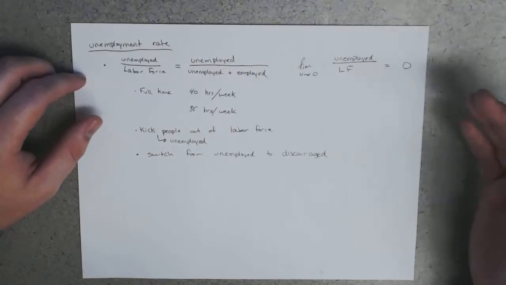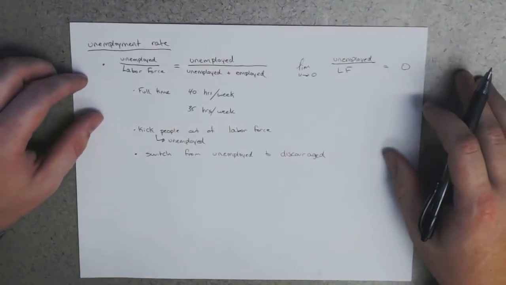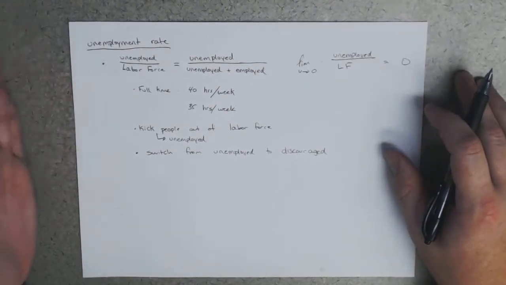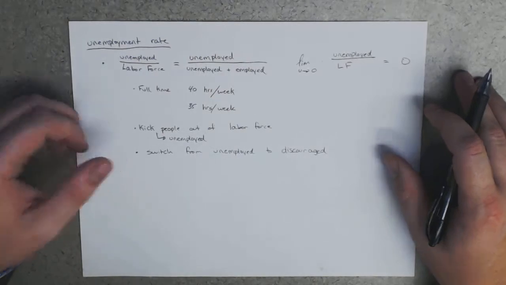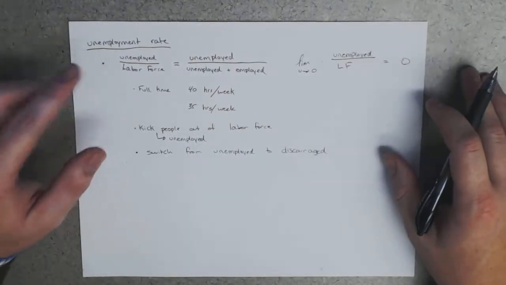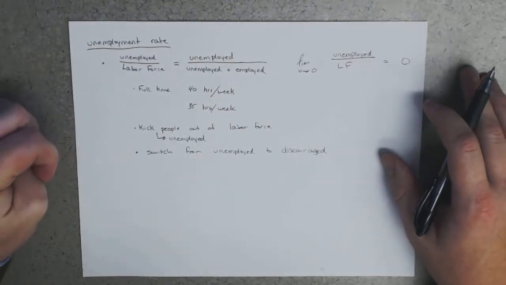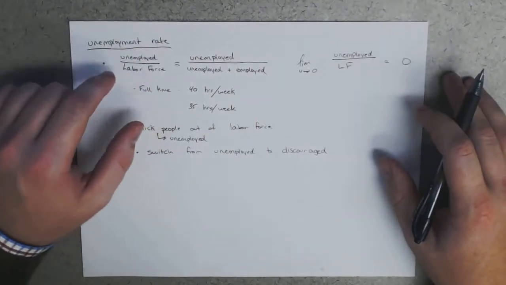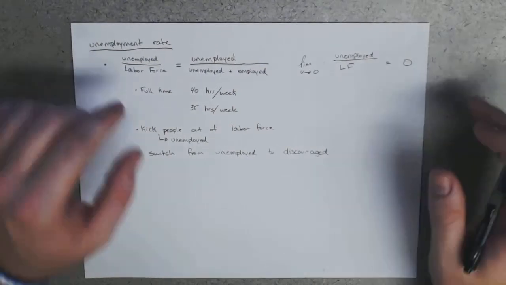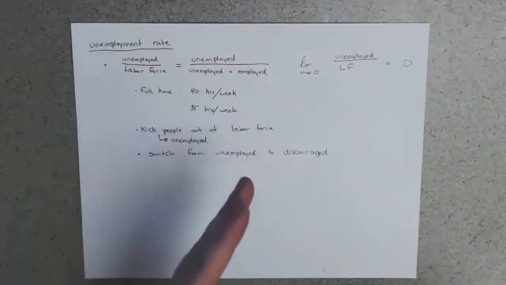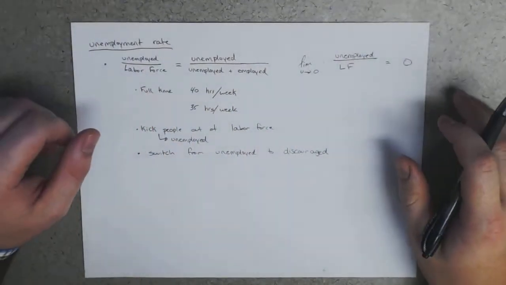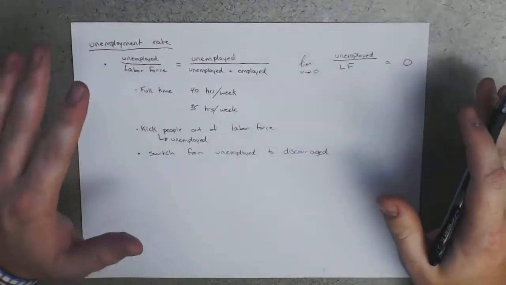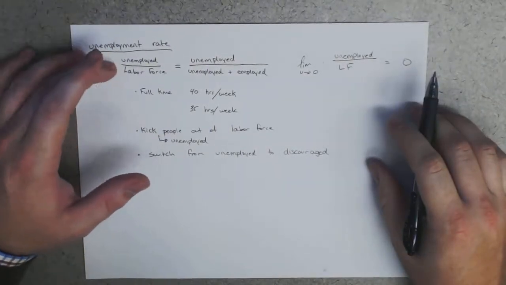A high unemployment rate could be a good thing if people are constantly between better jobs. That could be a great thing. An unemployment rate of 8% could be a terrible thing if no one can find a job. But that number, 8%, will be the same in both cases, and it will mean fundamentally different things.